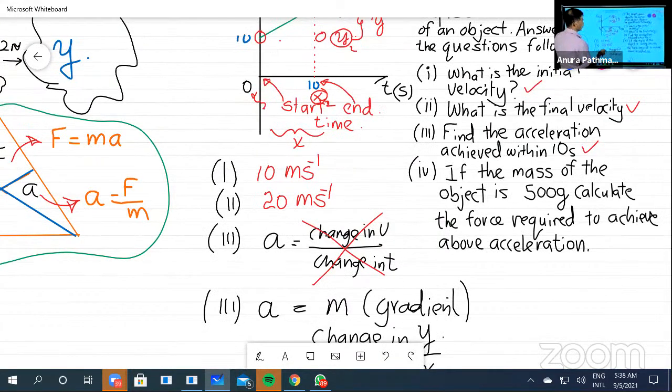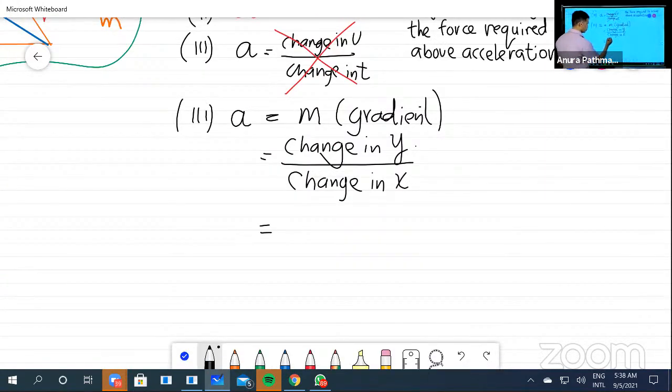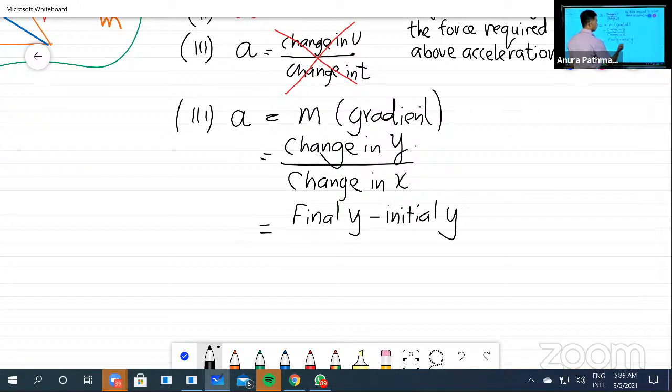Here, 20 and 10, right? Change in y, you can say final y minus initial y, divided by final x minus initial x.